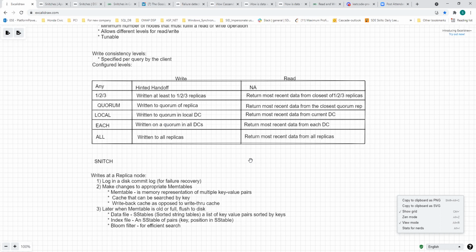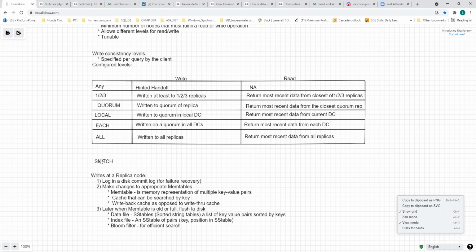If we send it to 2 or 3 replicas based on our consistency level, we would like to send it to the fastest ones, and that is where the snitch comes into the picture.